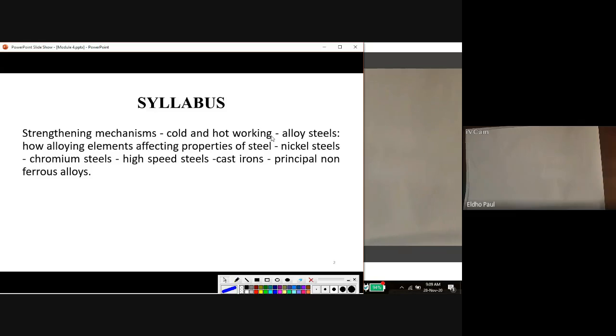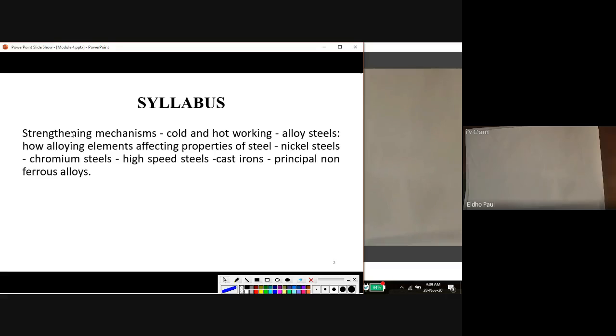More specifically, we are concentrating on steel because steel is the important member for any engineering application. So we are studying different alloy steels and what are the different alloys added to steel. So far, we have only discussed carbon and iron. Carbon impurities added to iron form a steel material.